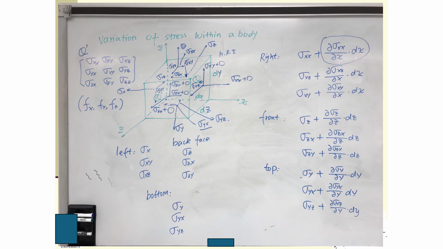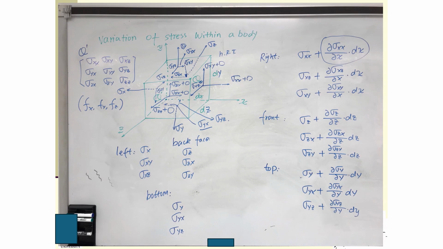And before I teach you why sigma xz equals sigma zx, and sigma xy equals sigma yx, or sigma yz equals sigma zy, I want you to differentiate all these components very, very clearly, okay?